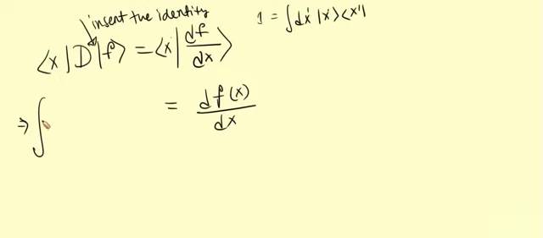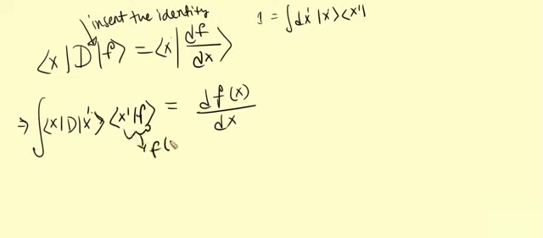I'm just writing the integral over here, and now I'm going to use this identity, and if you do that, you will have something like this, right? But this is f of x prime, right? And obviously there is the integration measure dx prime. I'm sorry for my writing, it looks a bit messy.